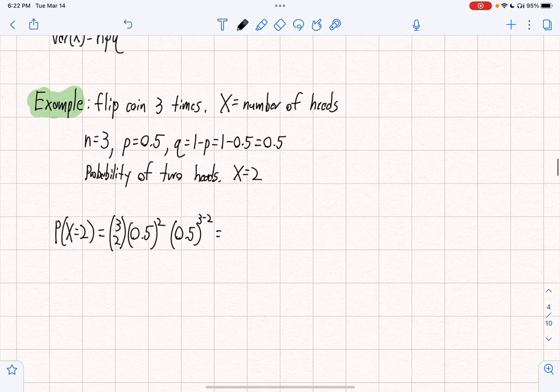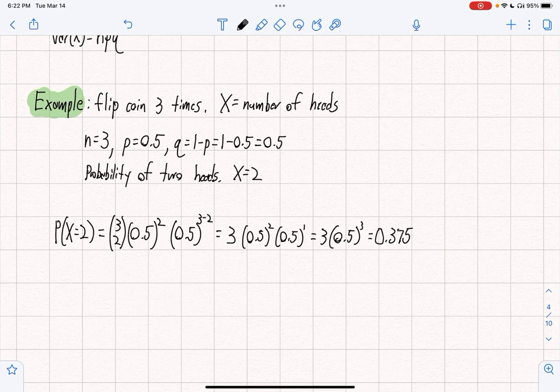So 3 choose 2 is just 3. And then we're left with 0.5 squared times 0.5 to the first. So this becomes 3 times 0.5 cubed, which is 0.375.